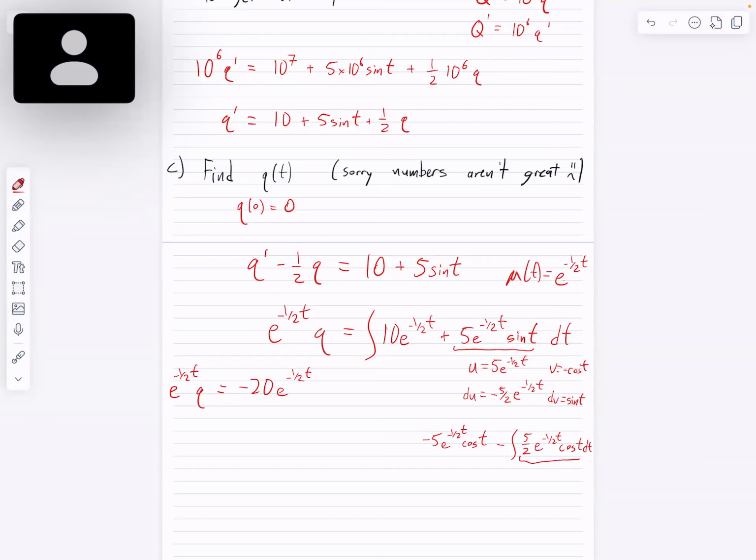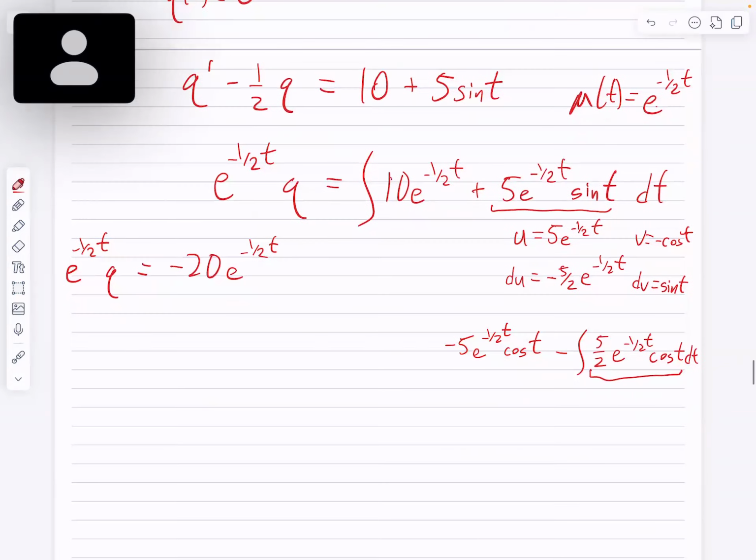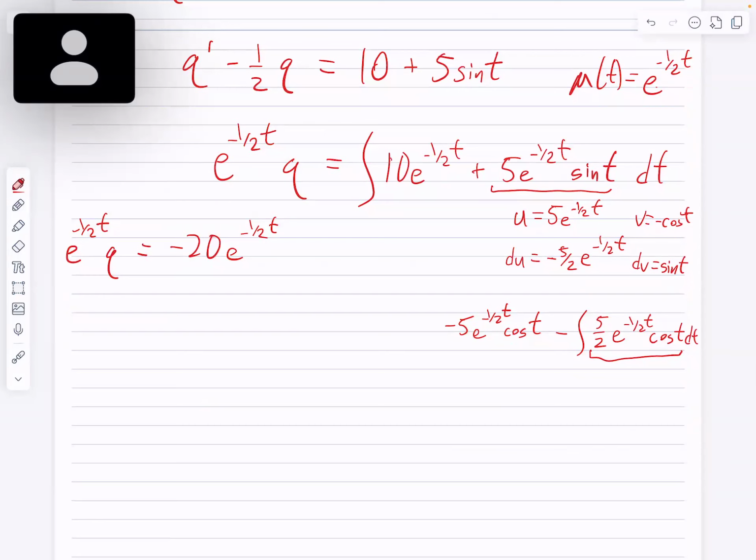So then I have to do integration by parts again. But this guy, we'll come back to that. Let's just do the integration by parts again. So u is going to be 5/2 e to the -1/2 t. du is going to be 5/4, sorry.